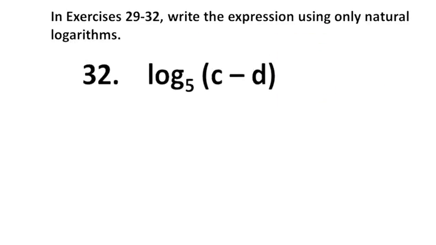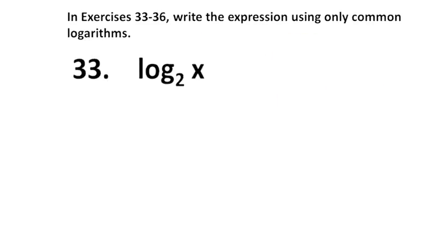Next odd number problem, 33. It says for this set, use common logarithms. Common logarithms equal log base 10, which we just write as log. The notation log without a subscript means log base 10.